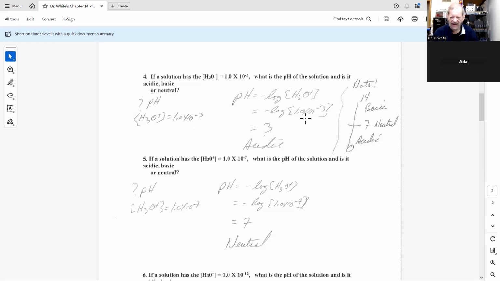When this is 1.0 times 10 to the minus x, pH is equal to x, so in this case 3. And here's the pH scale. Below 7 is acidic, 7 is neutral, above 7 is basic. 3, I hope you all agree, is less than 7, so it's acidic.